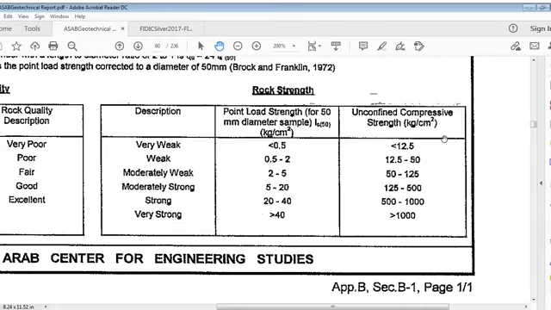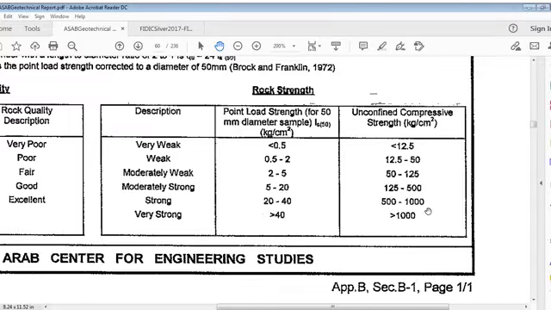Unconfined compressive strength in this case: very weak is less than 12.5 kilogram per centimeter square, weak is 12.5 to 50, moderately weak is 50 to 125, and moderately strong is 125 to 500.